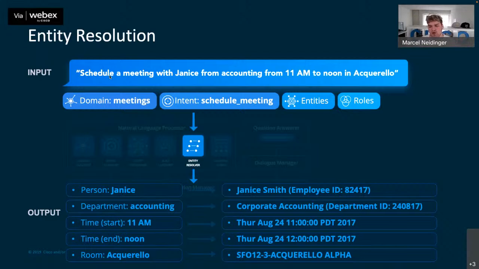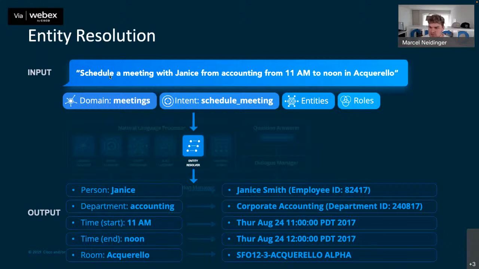And as you can see, we're also resolving the room into its canonical name, like SFO 12, probably building number 12 in SFO, third floor, and then the name. So we have gone from just the name that is more human readable into that full calendar, for example, or the room identifier that we can have.